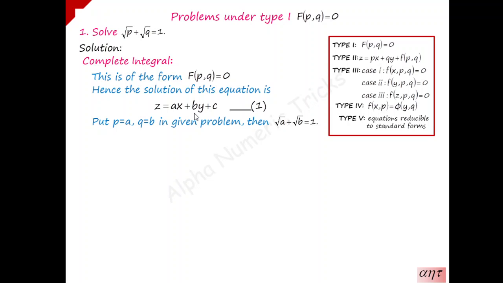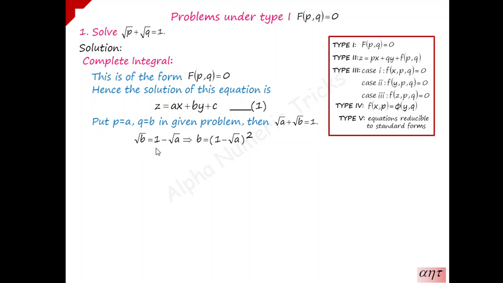But in our assumed solution, we have 3 arbitrary constants. So to reduce one constant, using this relation, you have to find the value of another constant. Either you can find the value of a or the value of b. Both are correct. Now we are going to find the value of b.